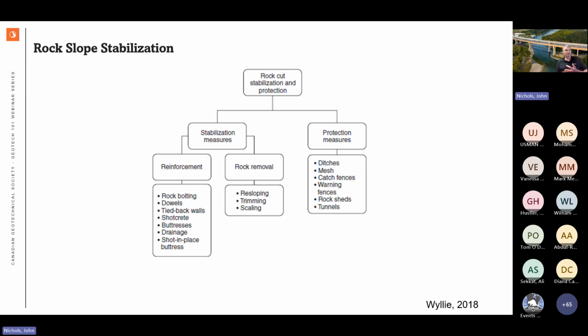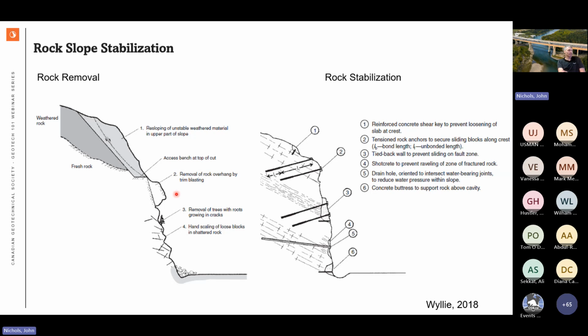We can make fences. We can have rock sheds. That's the most extreme version. You may have seen these in some places; they just build a roof over the road to protect themselves. So lots of options available. We have to choose the appropriate measure for the budget, for the risk, for all these things. So this is just some illustrations of what we just talked about.